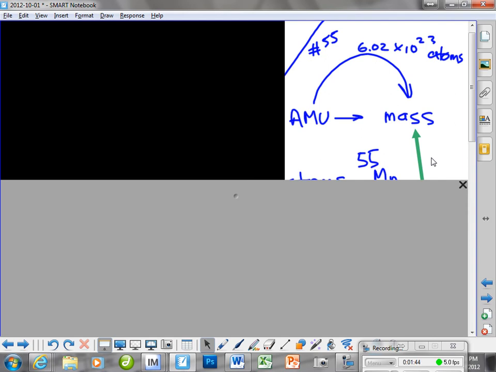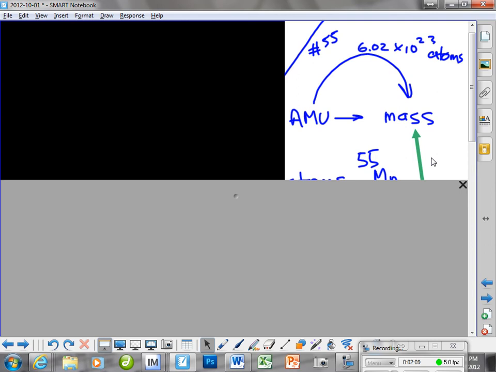So for number 45, is the answer grams or AMU? Okay, 45 on this same sheet, going back. What units is the atomic mass reported in? Grams.